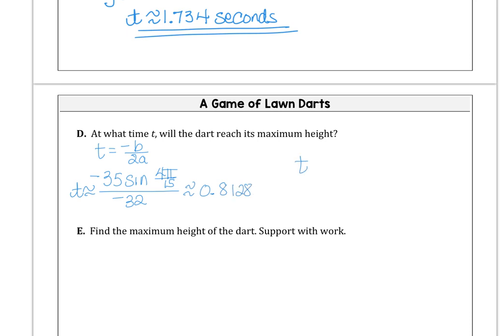So the time is about 0.813 seconds when it reaches its maximum height.